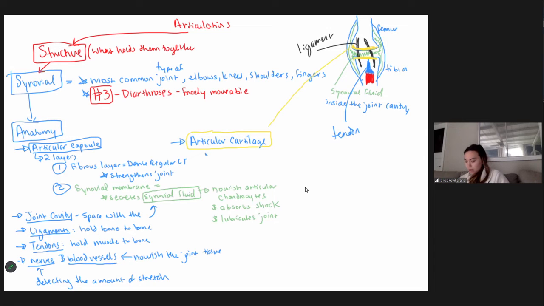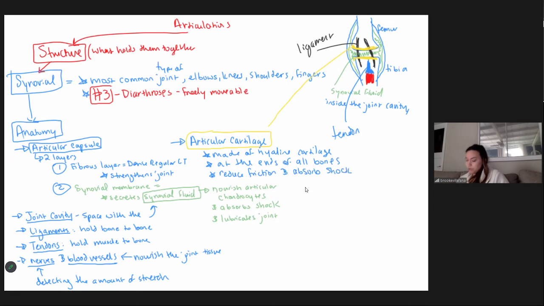It is made of hyaline cartilage, and it's found at the ends of all bones, and its function is to reduce friction and absorb shock.